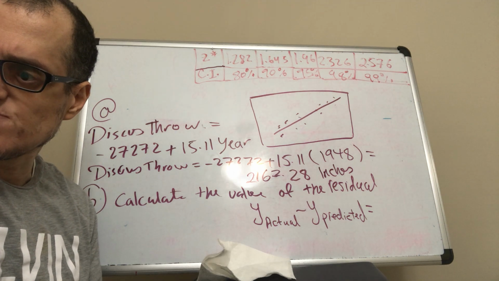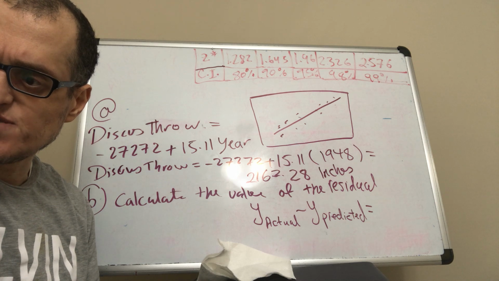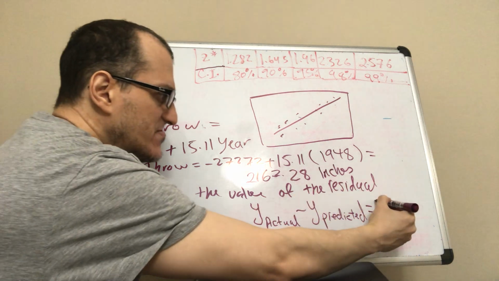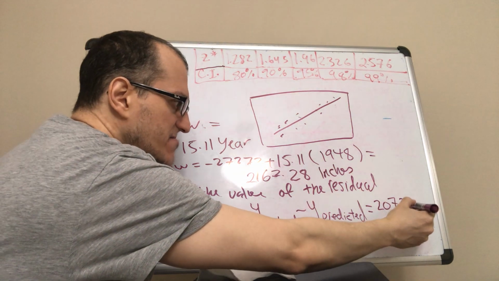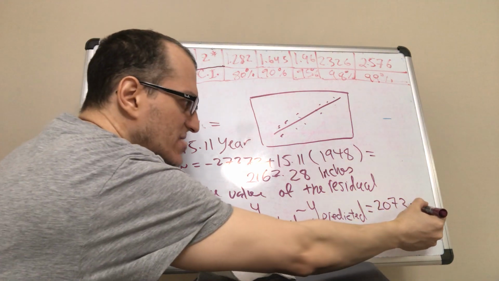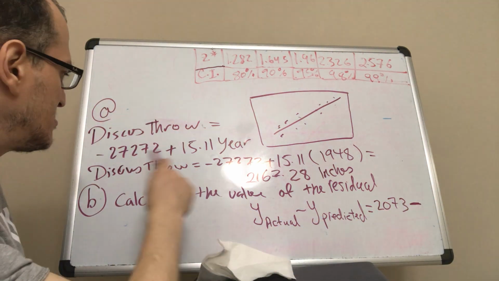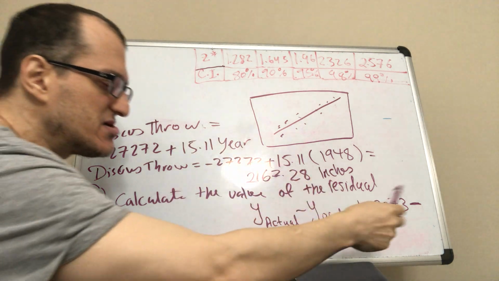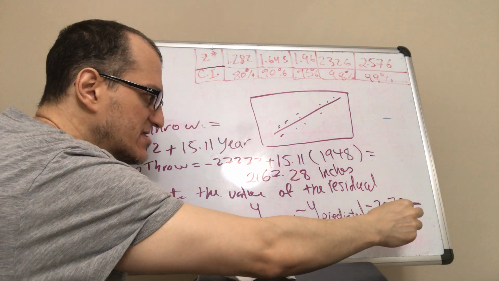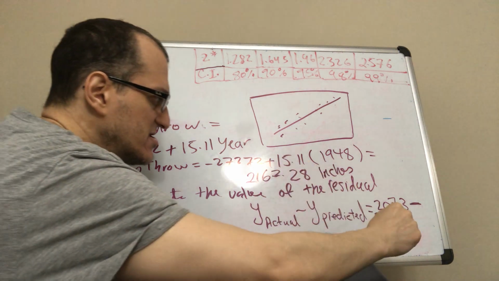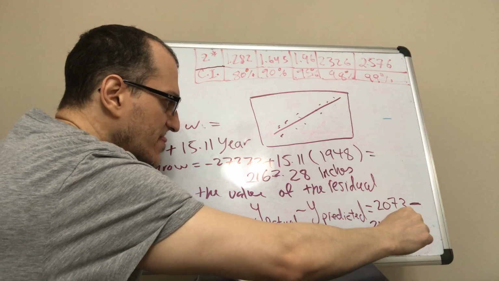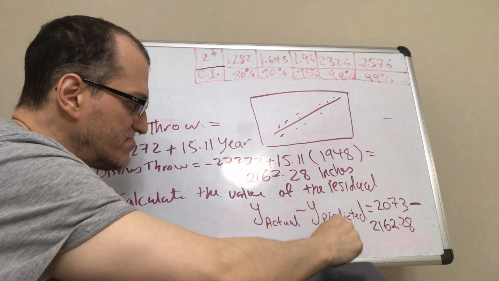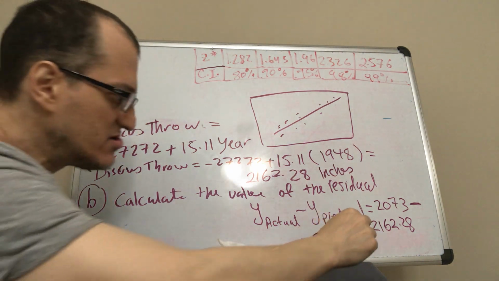So if you look at the table, for year 1948, what was the distance? It was 2073. So the 2073 from the table is the actual one. You subtract the predicted from it. The predicted is whatever we got from plugging the number into the equation. So it would be the actual number from the table minus the predicted one from the equation. You subtract these two, and this would be negative 89.28.